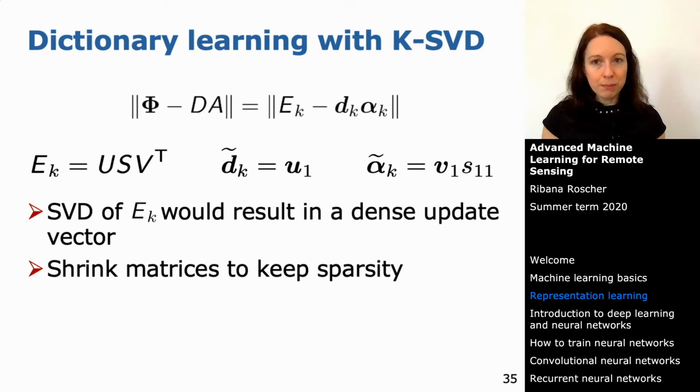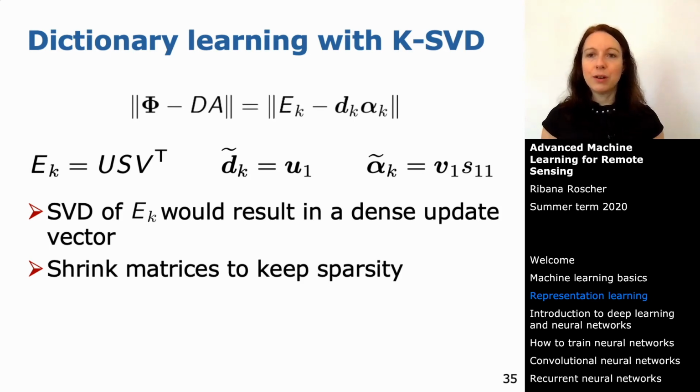But there's one problem. If you do it like illustrated here, you will end up with a dense update. But we do sparse representation, so we want a sparse activation vector. And if you update the dictionary and the activation vector in a way that it gets a dense update, you will lose the sparsity. So you shrink the matrices to keep the sparsity.